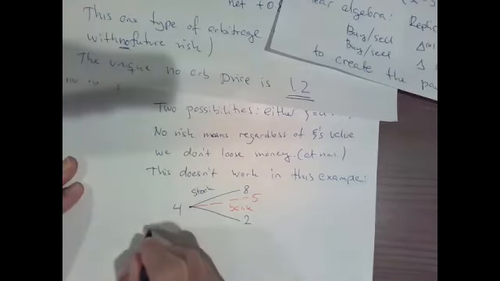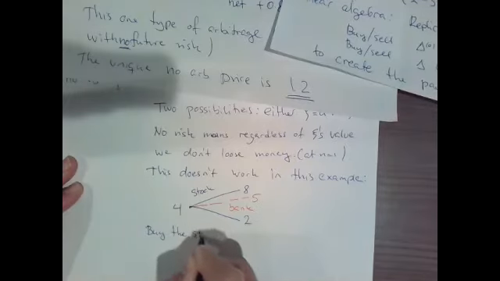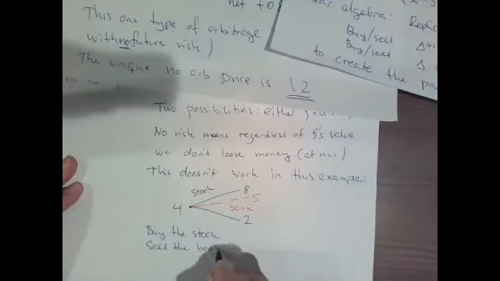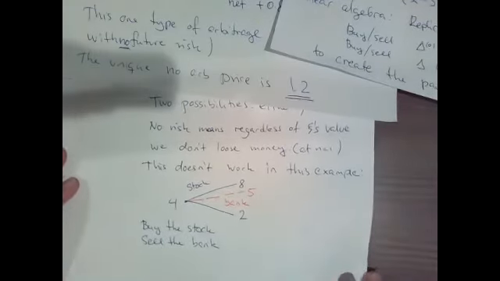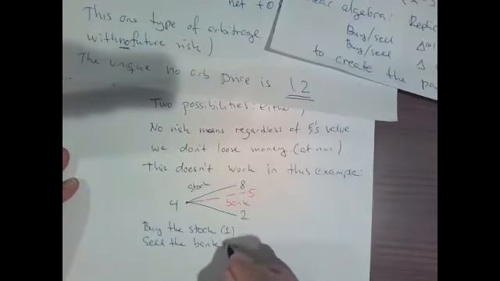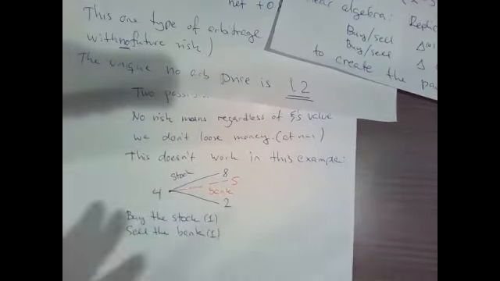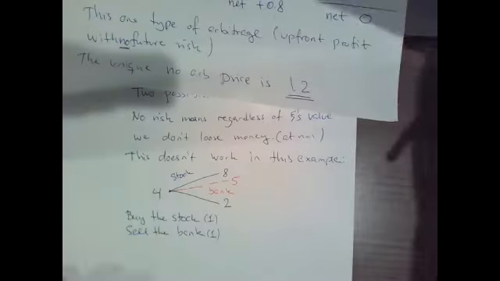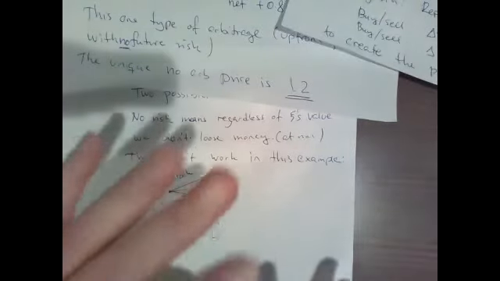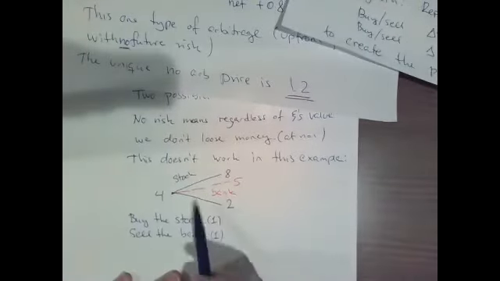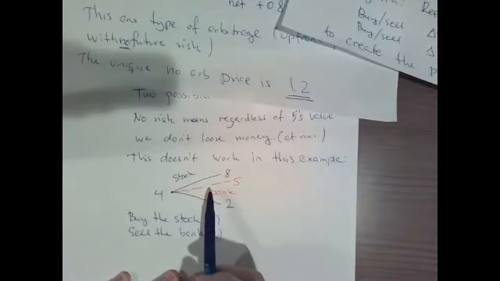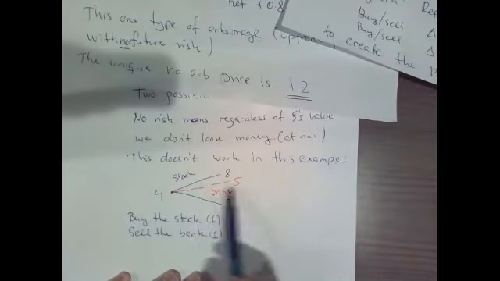I could try to buy the stock and sell the bank. So this here is just sell 1 unit, sell 1 unit. I could try to play this game that we just played, but now instead of playing with the replicating portfolio and the call, what I want to play with is buying a stock and selling the bank.